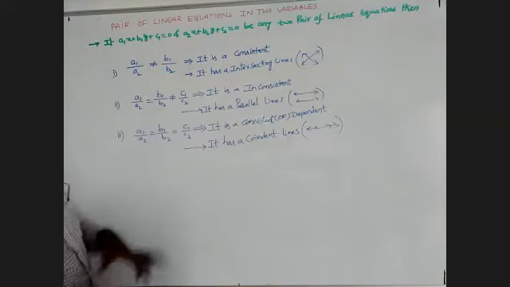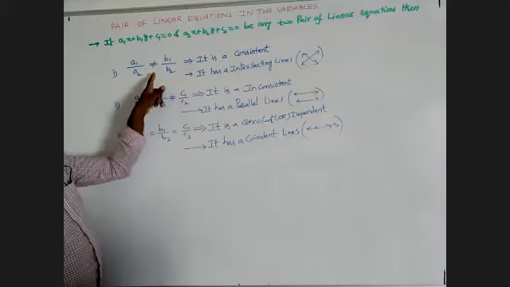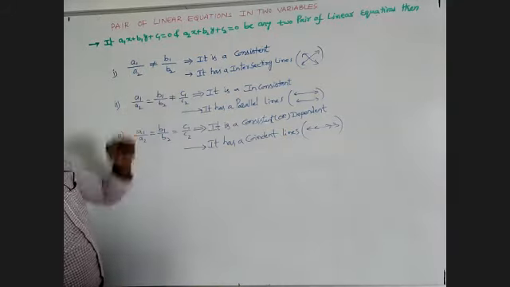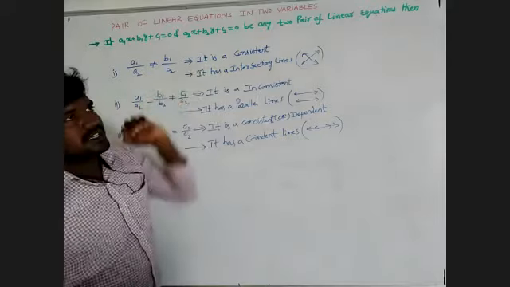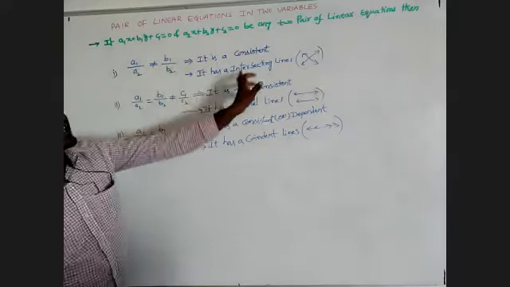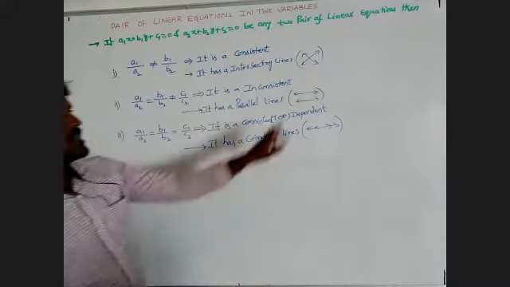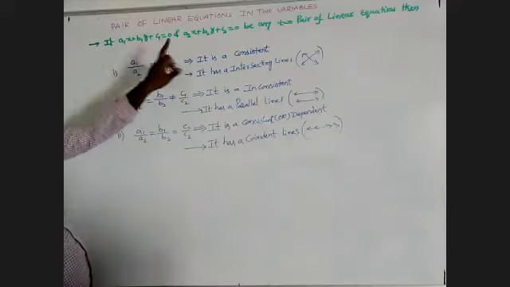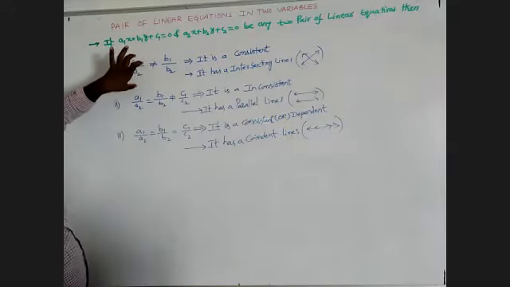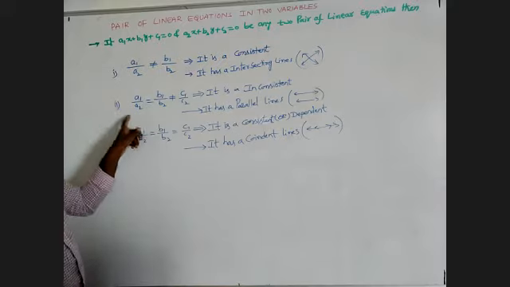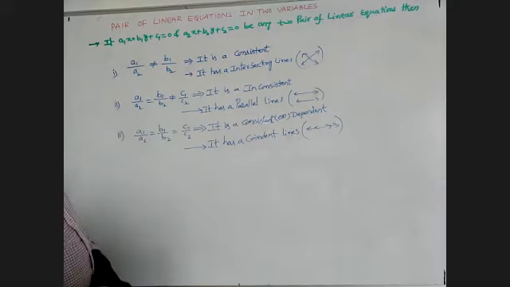Once again, we will observe in this one, a1 by a2 does not equal b1 by b2 means it is consistent. When both equations are consistent, it has intersecting lines. If both equations do not satisfy this condition, then I go to the next condition, a1 by a2 is equal to b1 by b2 does not equal c1 by c2.